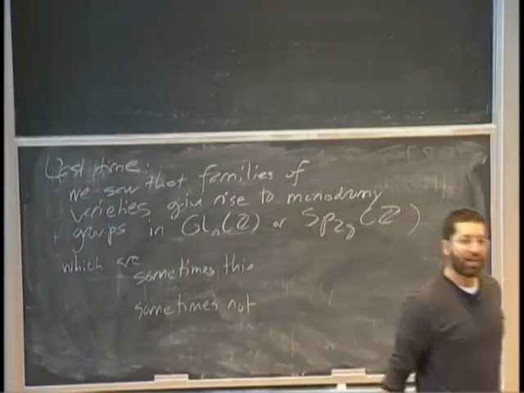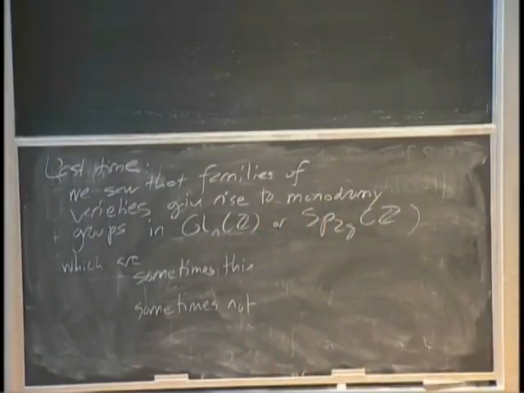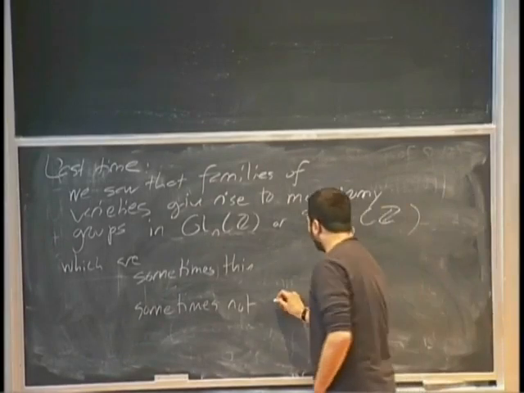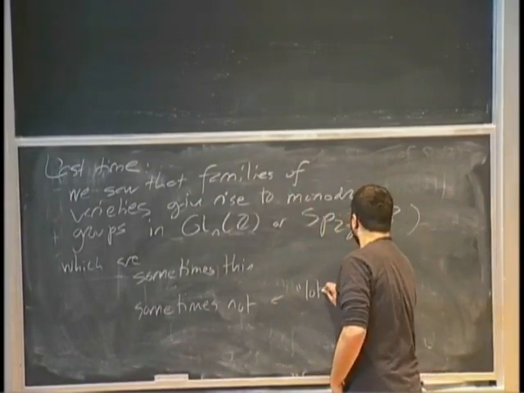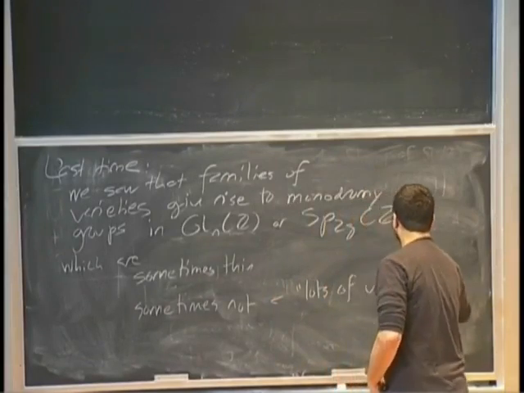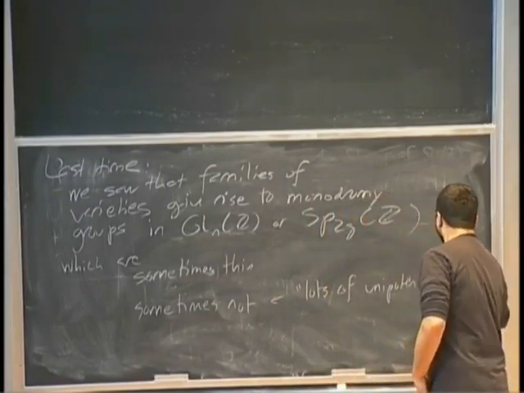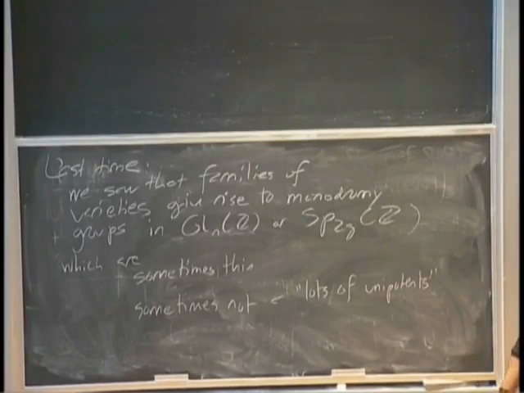And just to summarize the typology of this dichotomy between these two cases, without stating any precise theorems, maybe largely because I don't know any, I would say that the cases where the monodromy is finite index, very loosely, as actually came up in Allen's talk, is where you have lots of unipotents in your generating set for the group.